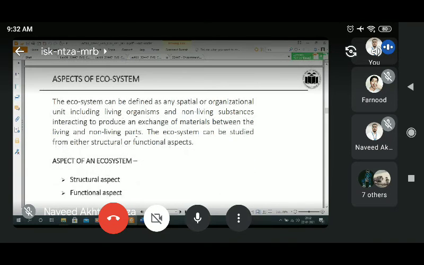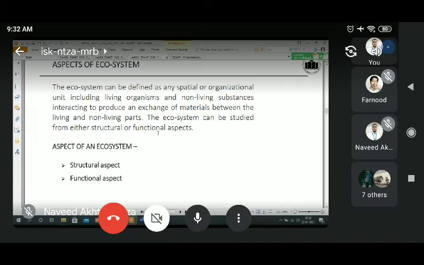Now we'll see the aspects of the ecosystem. The ecosystem can be defined as any spatial or organizational unit including living organisms and non-living substances interacting to produce an exchange of materials between the living and non-living parts. The ecosystem can be studied from its structural or functional aspects.